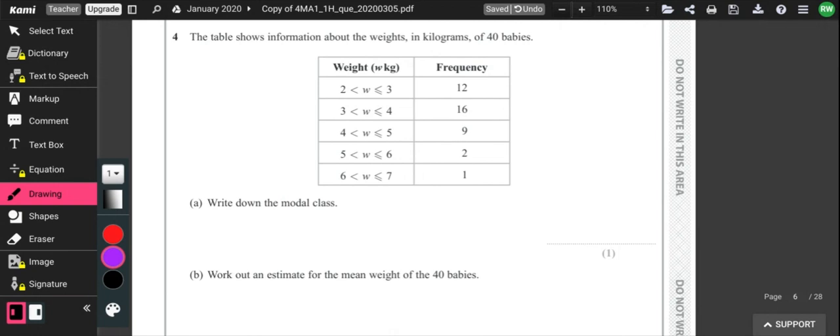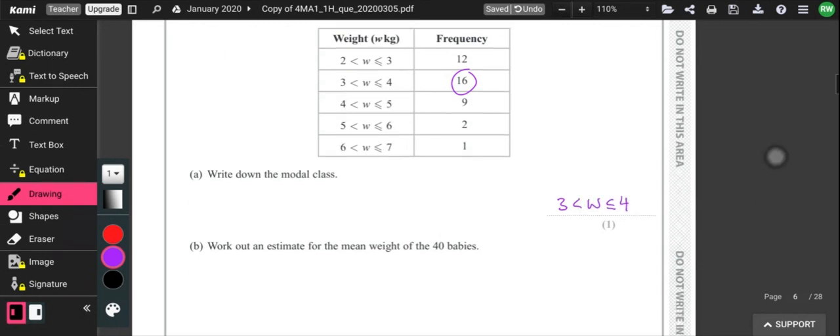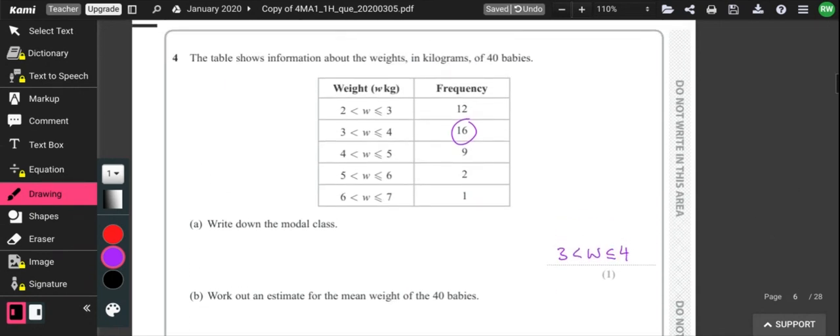Question 4, grouped frequency. The modal class will be the one with the biggest frequency, which in this case is that one. So we have 3 less than w less than or equal to 4. And then we have to estimate the mean. So we need the midpoint, and that will be 2.5, etc. And then we're going to multiply those by the frequency. So MP is going to be our x, and then we do the f times x column here.